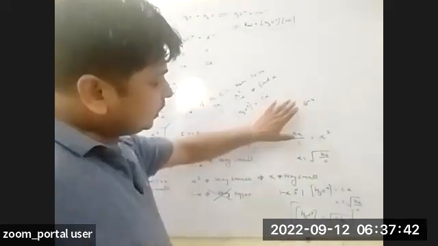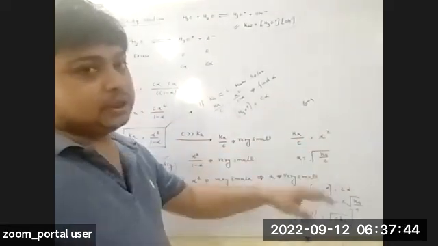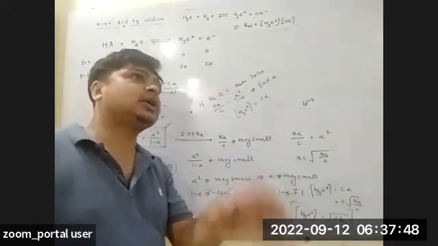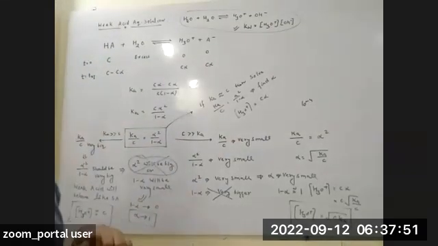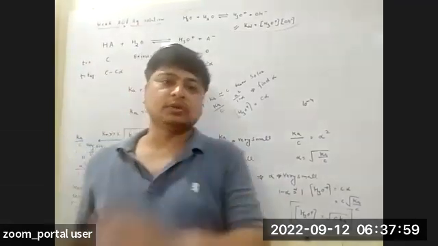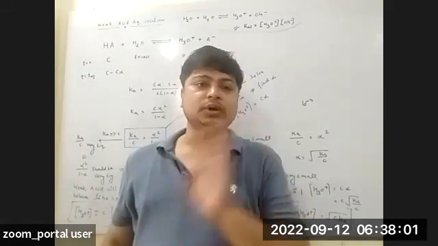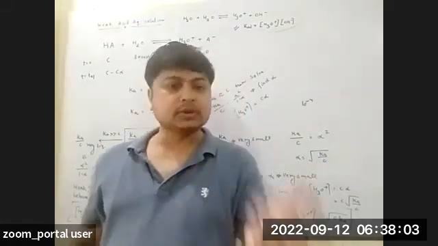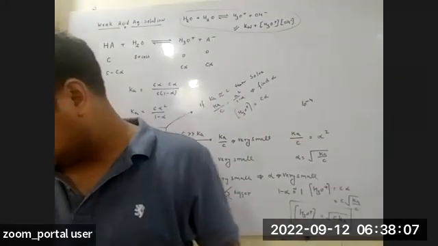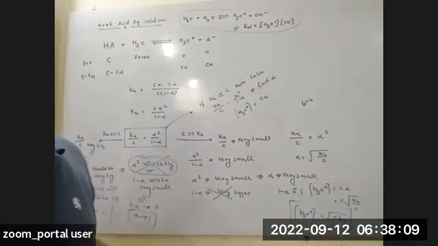And if total OH minus ion is 10 to the power minus 10, then definitely H plus ion coming from water will be 10 to the power minus 10, because OH minus total will be equal to OH minus from water, and OH minus ion coming from water will be equal to H plus ion coming from water.